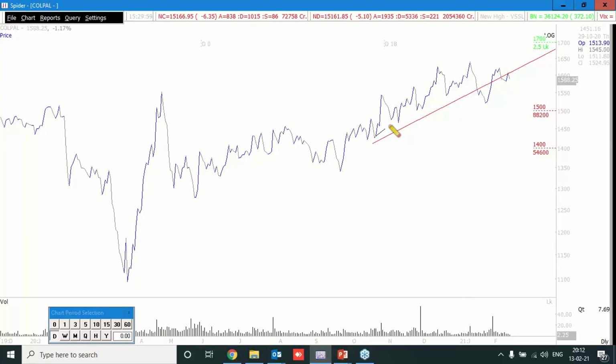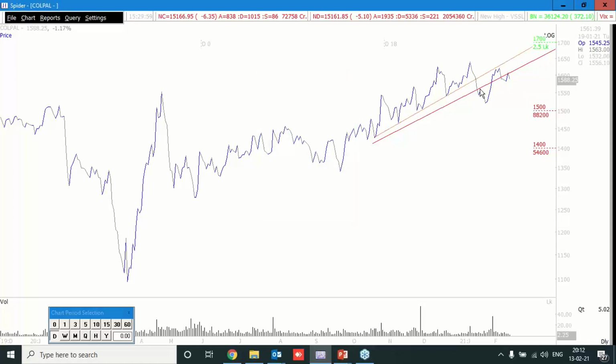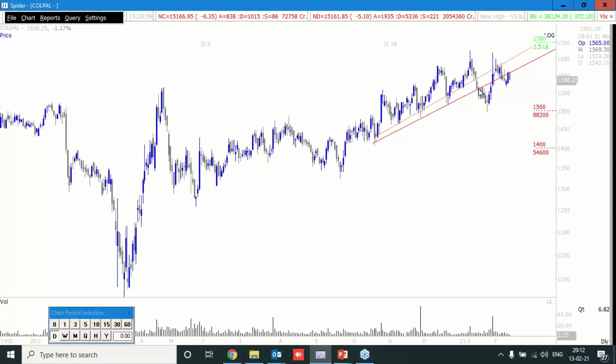Here, if you would have joined the lows based on the closing prices, you would have still got a very similar kind of trend line, which would have been like this orange colored trend line. And if you look at the difference, obviously there was a very early indication at these particular levels that the trend is becoming weaker. So eventually, what happened to the stock is what we can see on the screen.